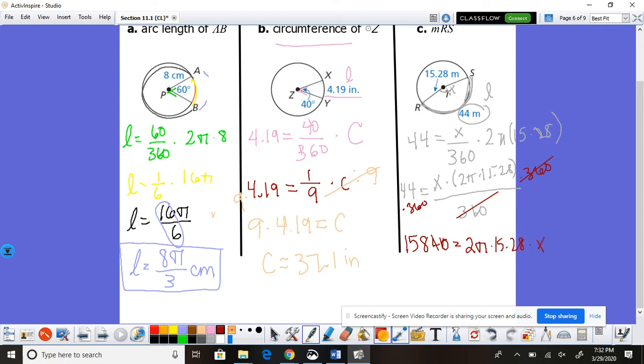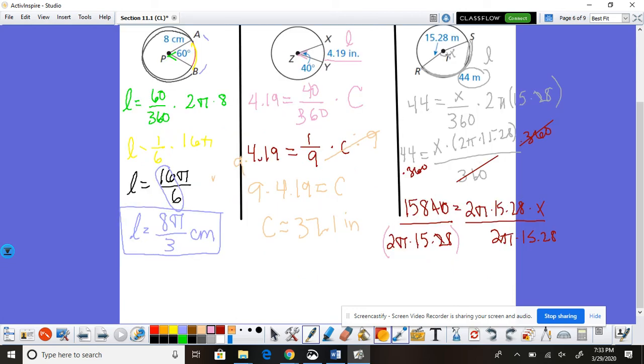Well, guys, I'm just solving for X, so I want to just divide by 2 pi times 15.28. If I do it on the right, I have to do it on the left. So 2 pi times 15.28. Once again, remember in your calculator, when you do this it's all wrapped in parentheses.